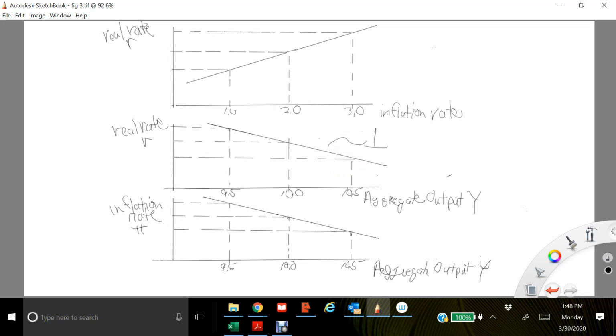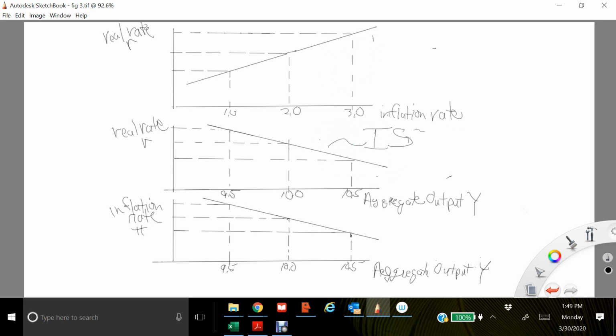This is the IS curve. This is our monetary policy curve that we worked with on the other page. We're going to combine these two curves and derive the aggregate demand curve.